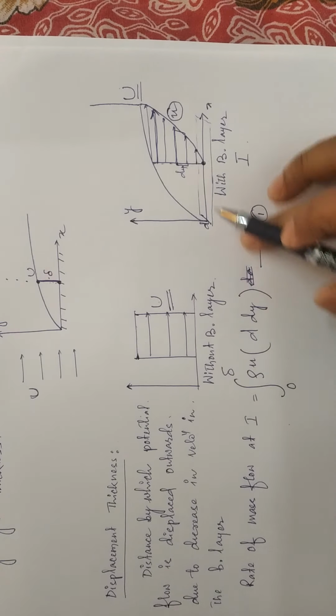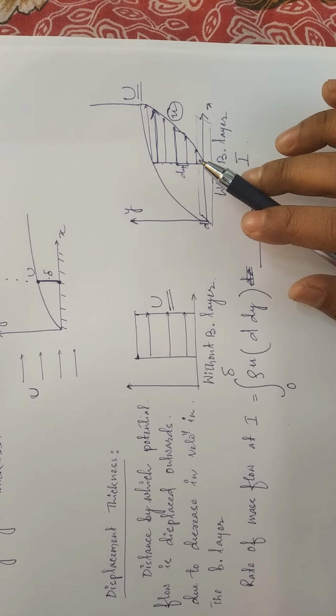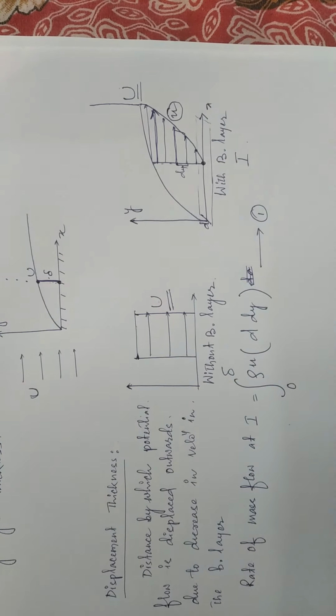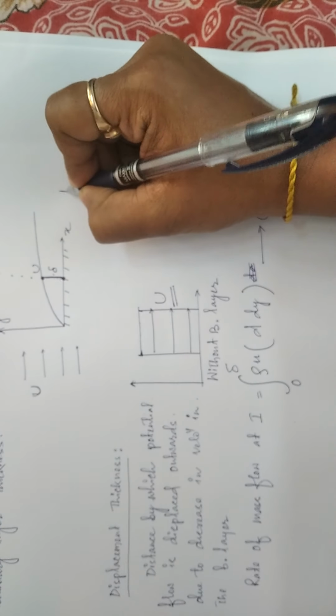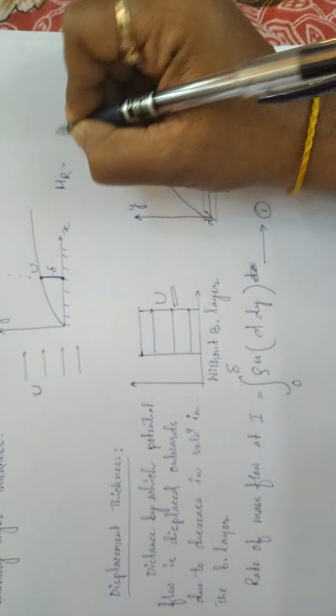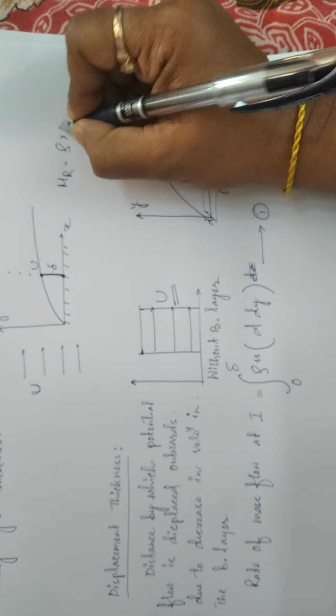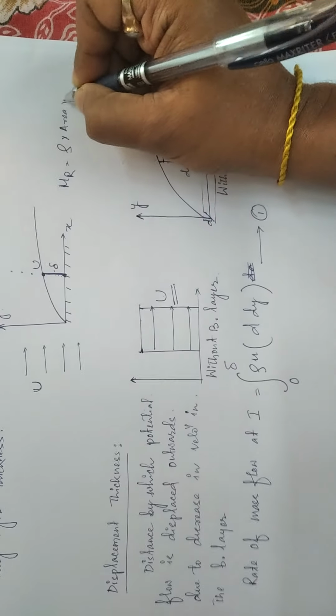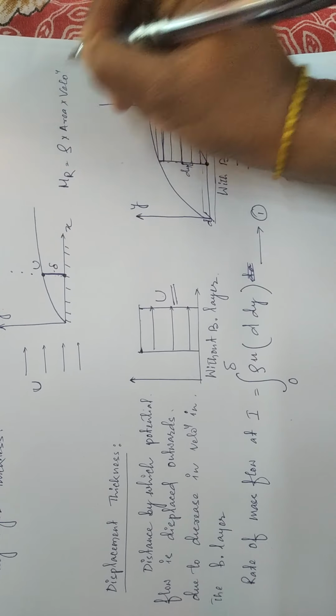So to get the same mass flow rate in the first case, what do we need? You see the formula for our mass flow rate is density into area into velocity, okay.